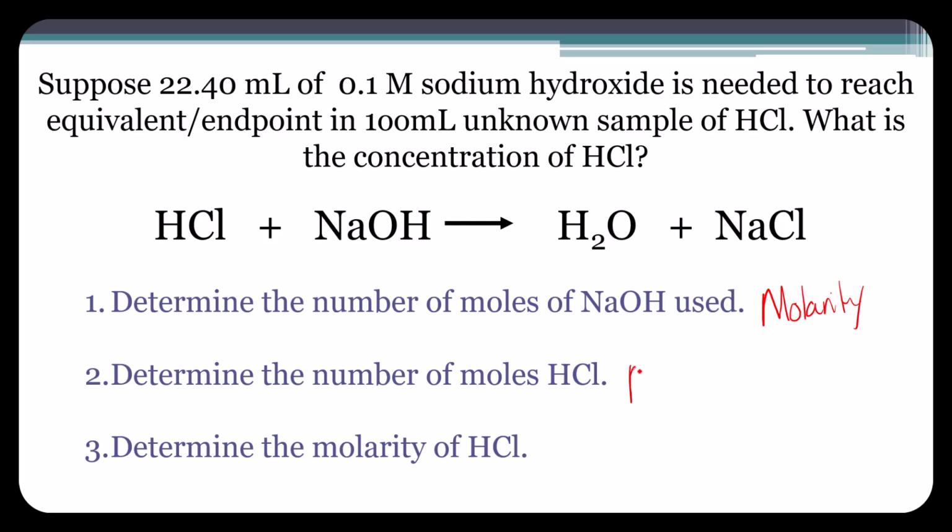Molarity, moles. Then we're going to do that stoichiometry. We're going to do that mole to mole conversion to get from our known to our unknown. Then we're going to go back to our molarity equation to determine the molarity of our hydrochloric acid. So the mantra is molarity, moles, molarity.